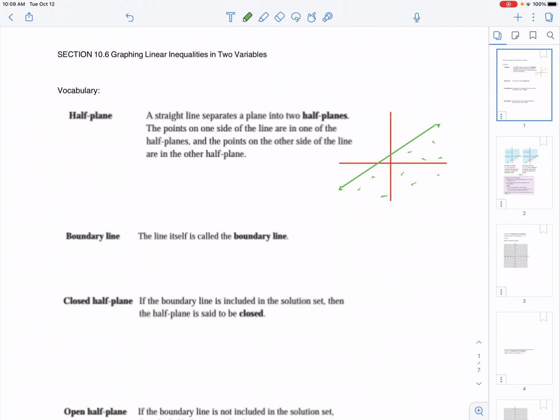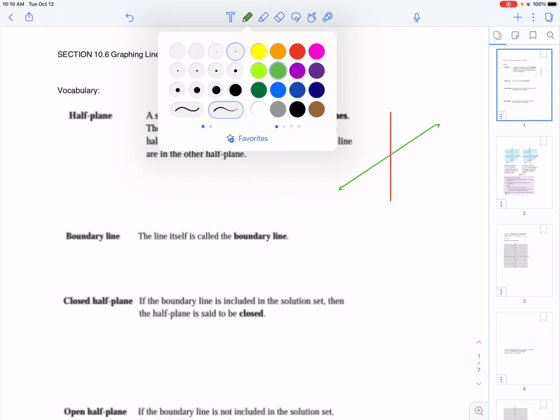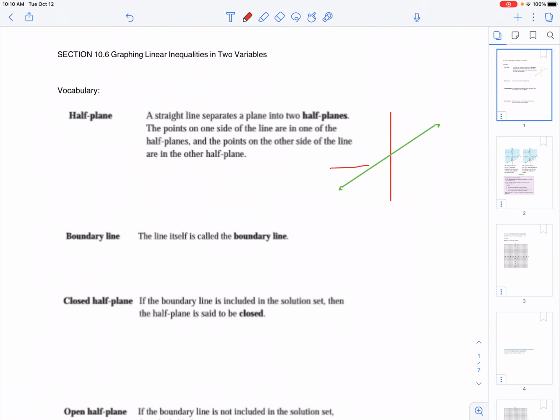So the half plane is that whole region, that whole section that's on one side of the line, or the other side of the line. Okay, so that's the first definition you need to know, is a half plane.